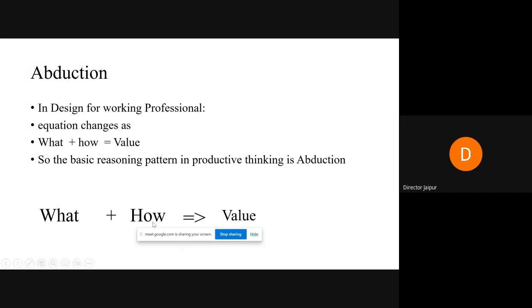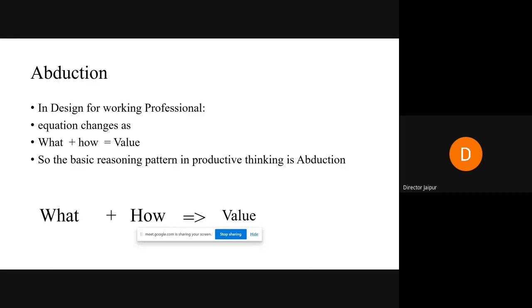How and value will be given in the frames. That will come in some later slides. So what we do is explore the broad complex repertoire of design practices, adopt some professional practices, and integrate them by using the framed practices.